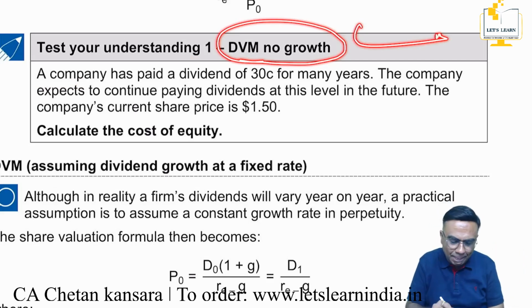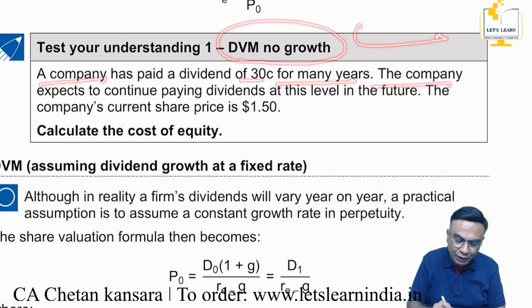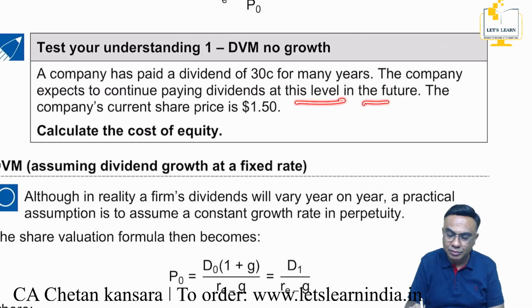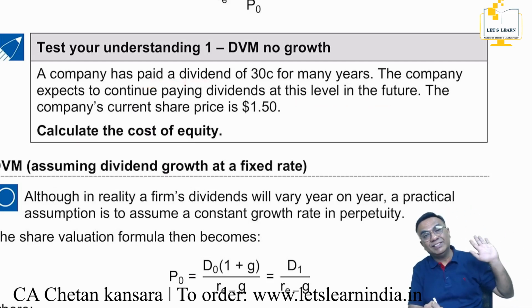A company has paid a dividend of 30 cents for many years. The company expects to continue paying dividends at this level in future. The current share price is $1.5. What is the cost of equity? Tell me, is there any growth? No. The company is giving a constant dividend of 30 cents.